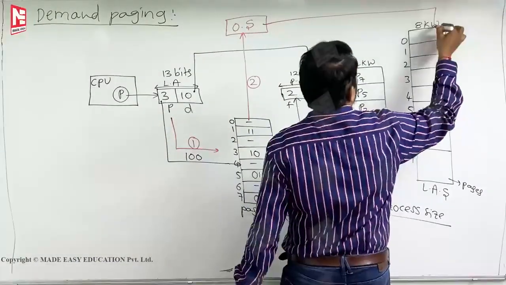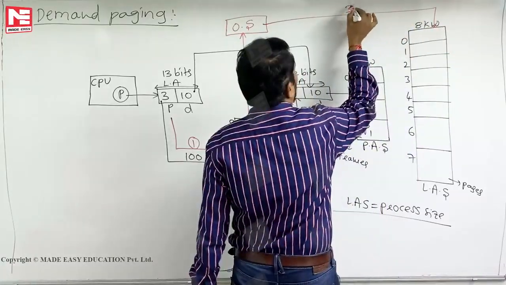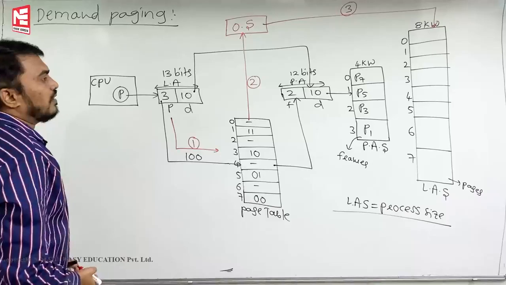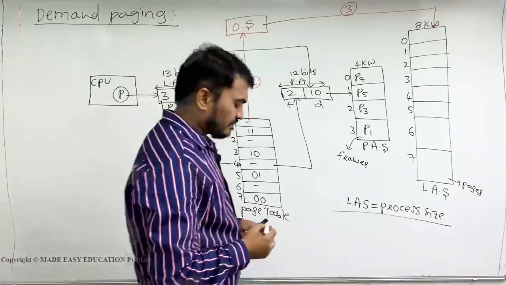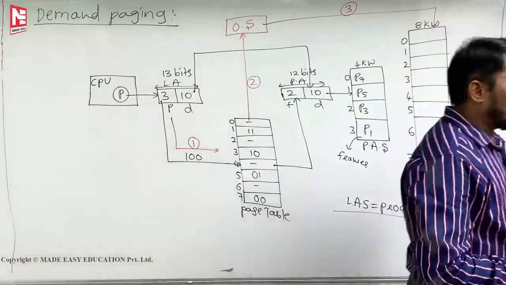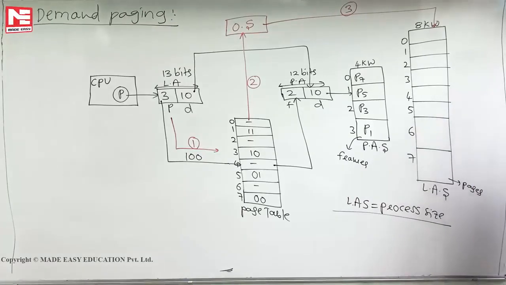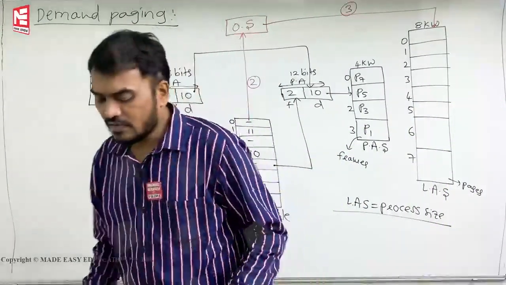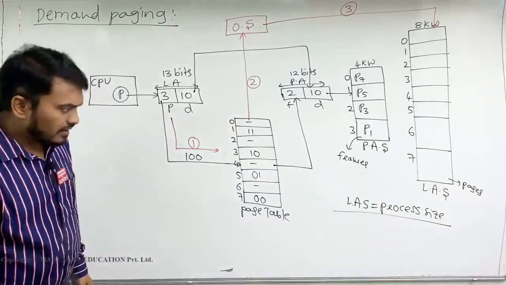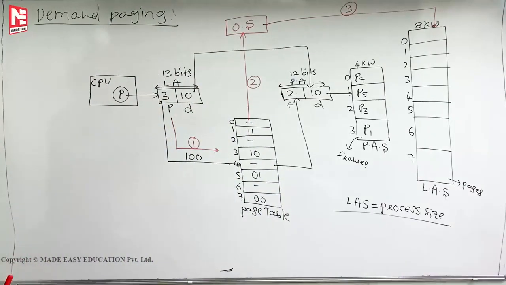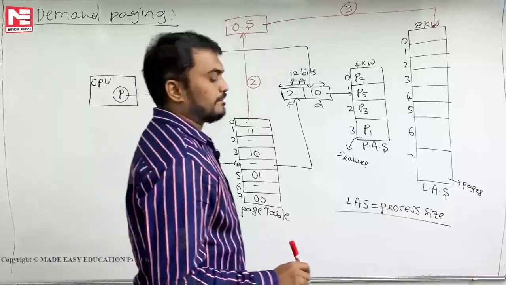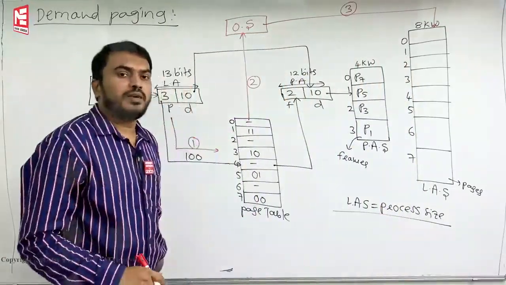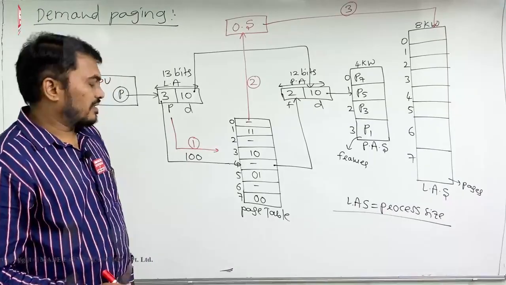Step number 3. Update the diagram and write in your notes. Step number 3: the operating system will search for the required page in the LEAS.